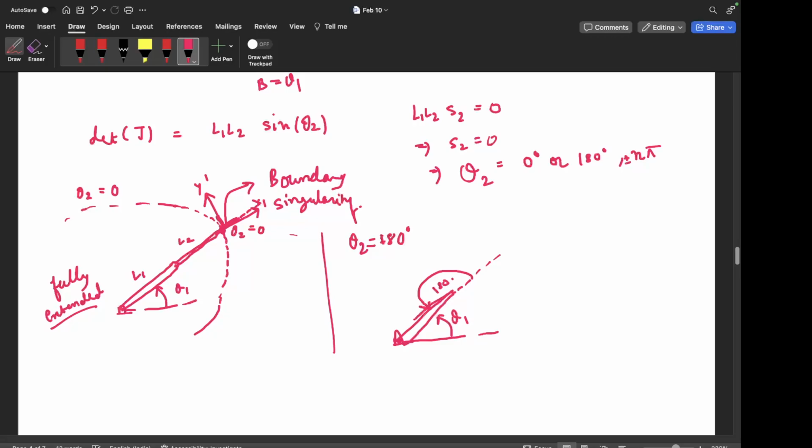So basically link 2 is folded back on top of link 1. So the end effector is here if link 2 is smaller than link 1.